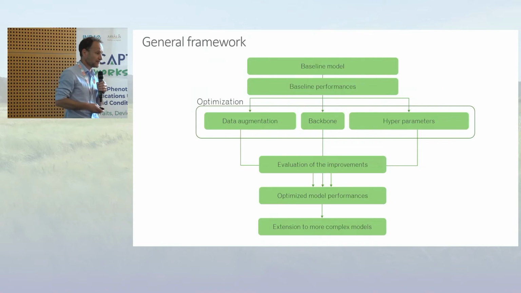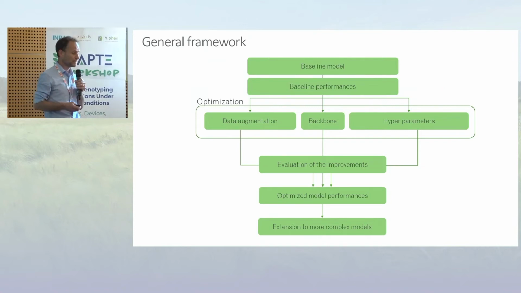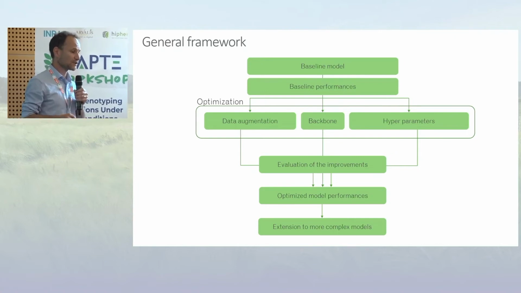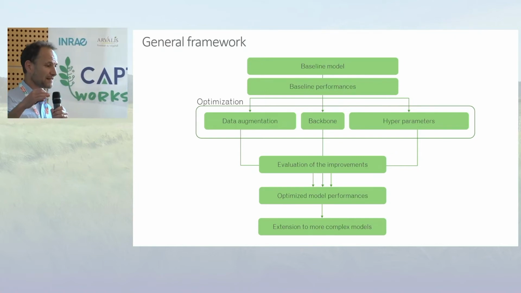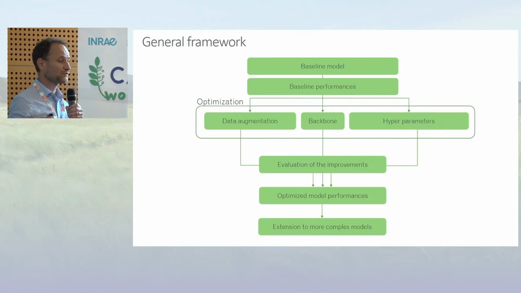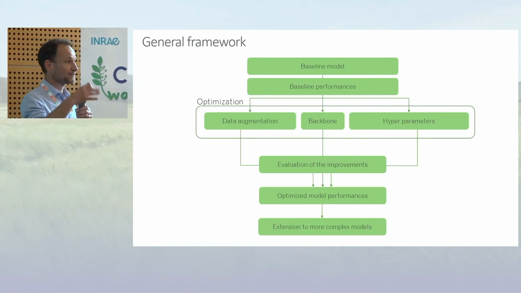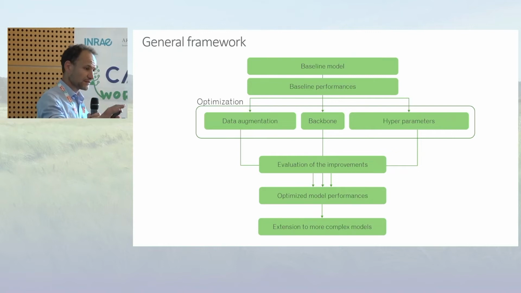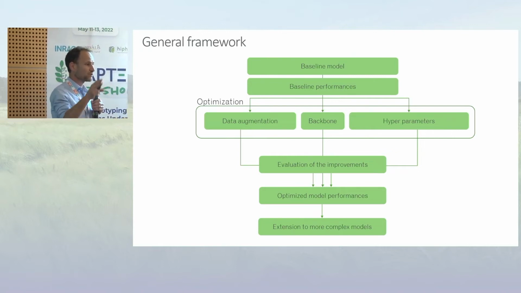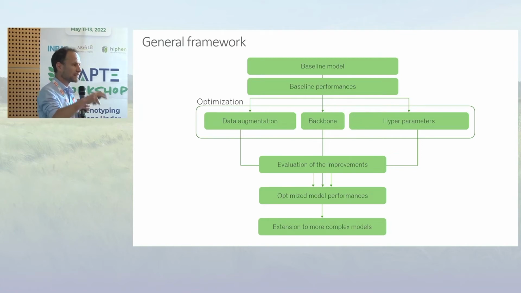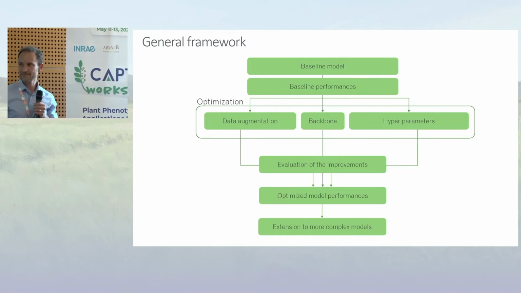The general framework when you want to build and then assess a segmentation model is first to define your baseline, and then see if you can improve its performance by optimizing some of the components of the model. Then you evaluate the improvements you can get, and then you optimize your performance. This will be done on this simple two-class model, and then I will show you how we can extend it into a more complex model.